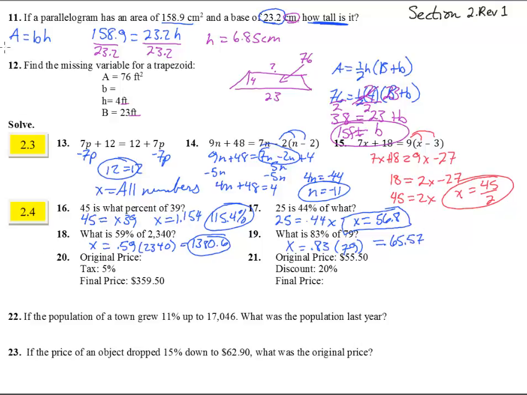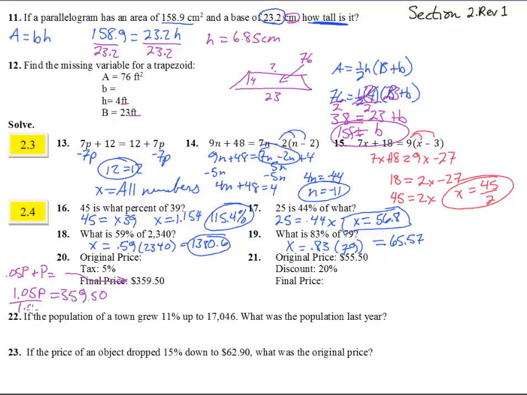Number 20. We don't know what the original price is, but we knew that we took 5% of the original price and added it to the original price to equal the final. So that gives us 1.05p, combining those two together, equals 359.50.